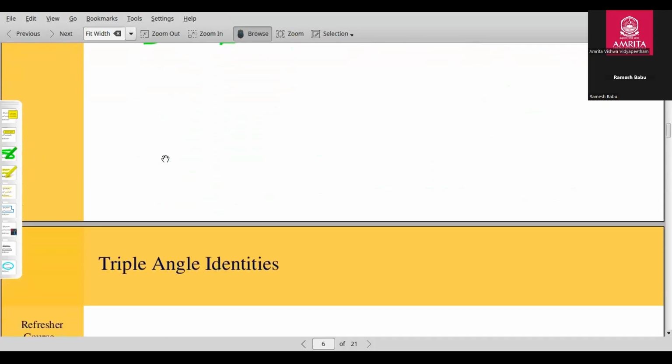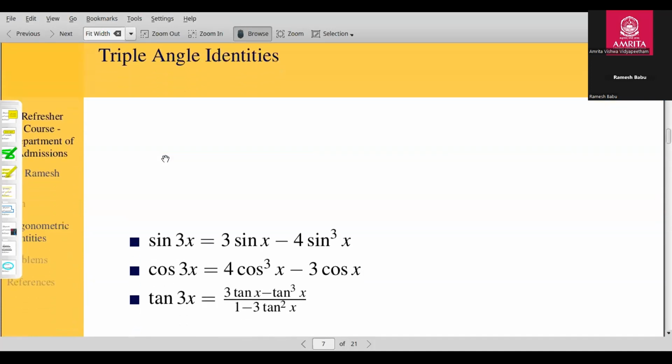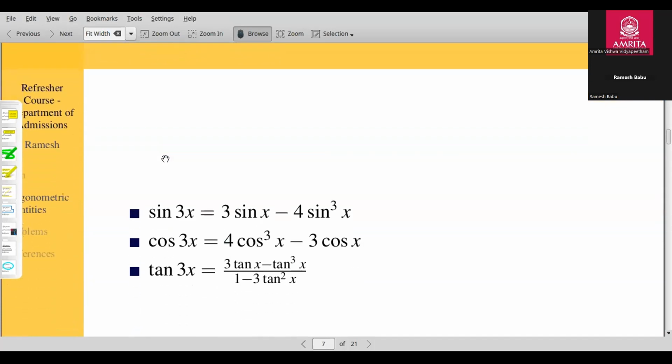So I'll go for the triple angle identity. The triple angle identities are sine 3 theta is equal to 3 sine theta minus 4 sine cube theta, or sine 3x is equal to 3 sine x minus 4 sine cube x.